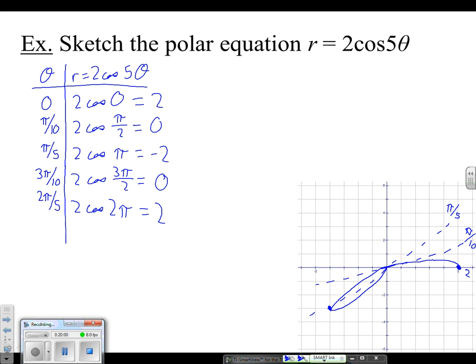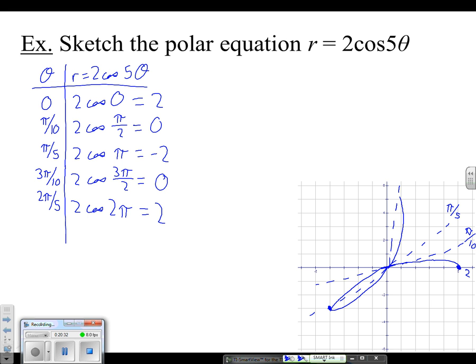And by the time my angle is 2 pi over 5, 2/5 of pi, so that would be up here somewhere, my radius is going to be back out to 2. We can keep going if you want. I mean, I'm seeing a little bit of a pattern here.